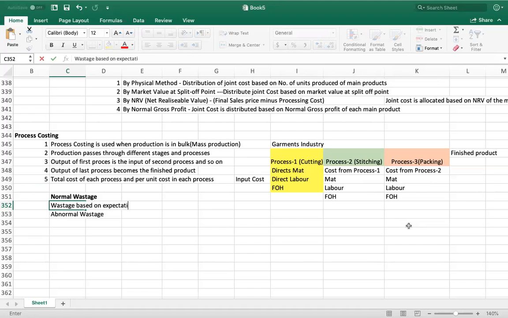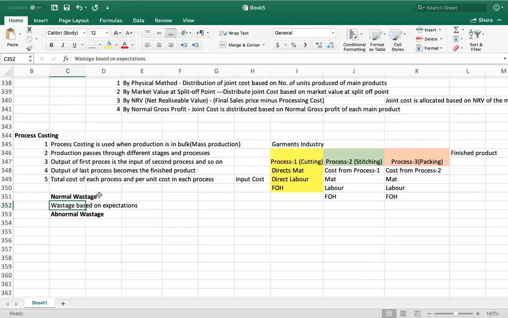Wastage based on expectation. So this is how we calculate normal wastage, based on our expectation or based on your previous experience. If you take 4 or 5 years of previous data, then every year you have some wastage. For example, first year you have 5%, second year 6%, third year 4%, fourth year maybe 5%. So on average you can say our wastage is around 5%.